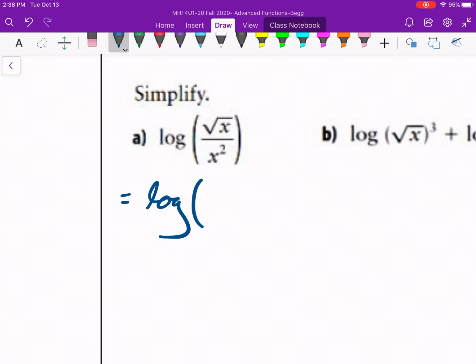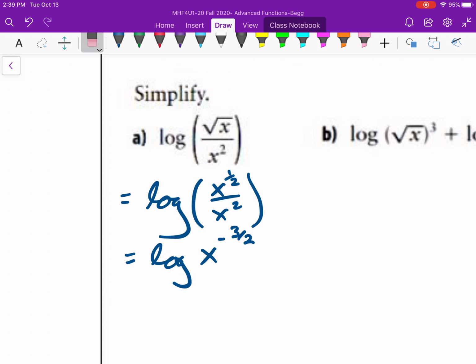So I could rewrite this as x to the 1/2 over x squared. And then going back to what we already know about exponent laws, we know that we can subtract these exponents. So I could do 1/2 minus 2. And so that would be the equivalent of x to the negative 1.5 or negative 3 over 2.